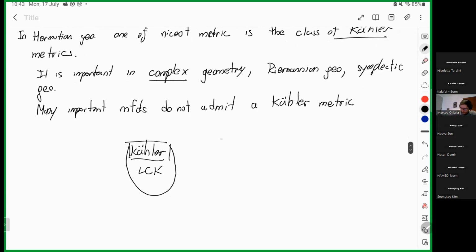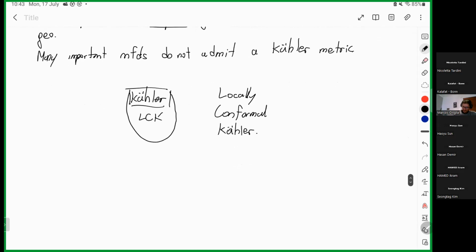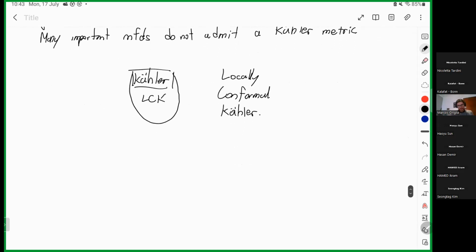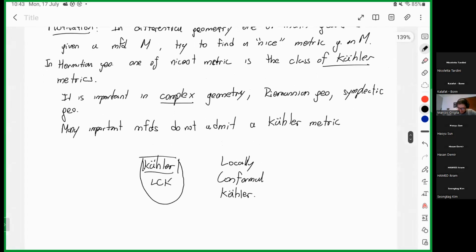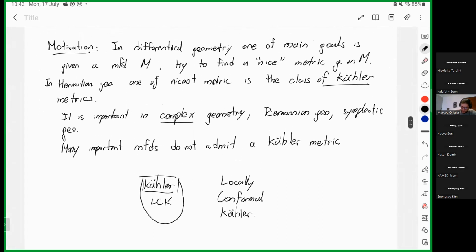So the name is very easy. LCK stands for locally conformally Kähler. I will explain in detail the definition of this in a moment. As I said, this involves mainly three things, at least two: complex geometry and Riemannian geometry.